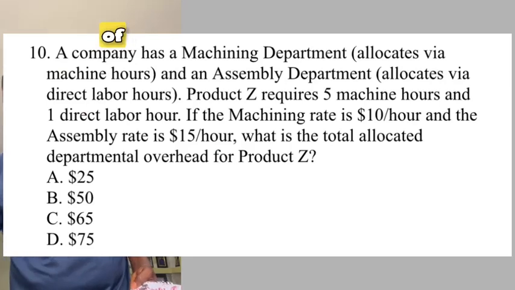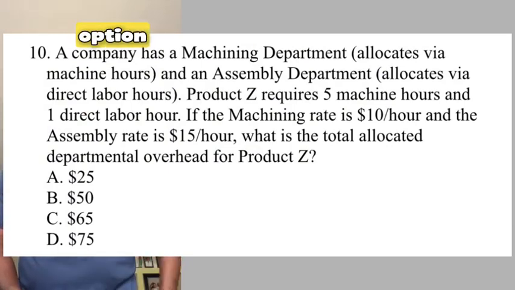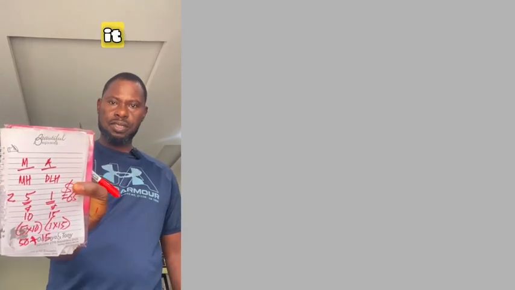So 50 plus 15 will give us $65. So do we have $65? Yes, we do. Of course we do. So that is option C. Option C is $65. So this is it. Very easy.